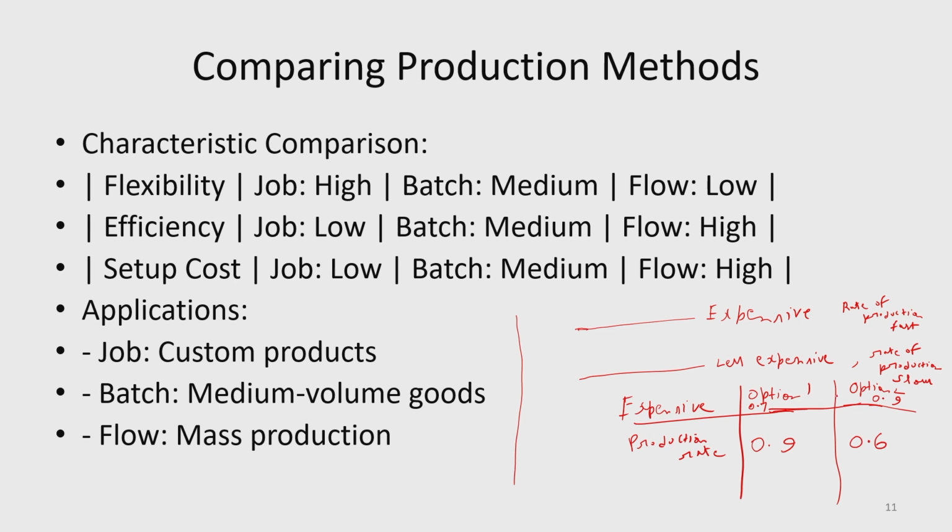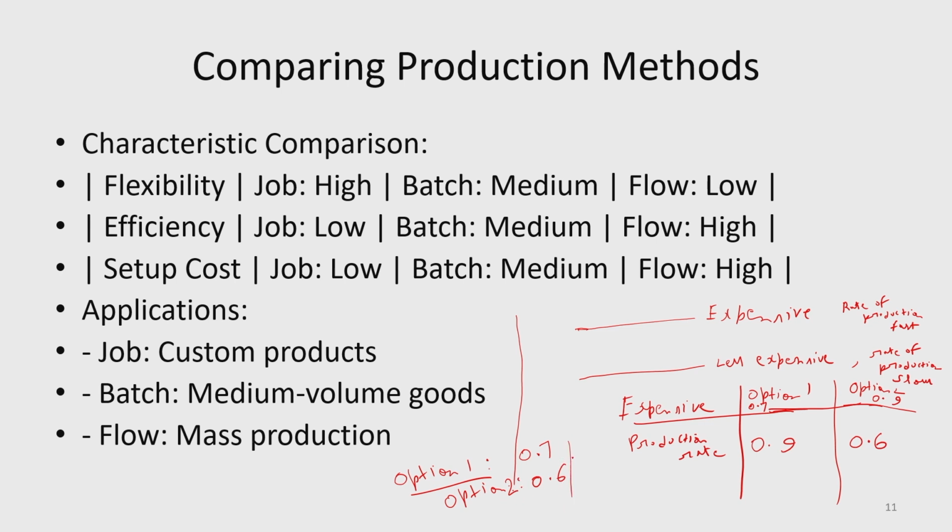So option 1, because in the expensive set it is 0.7 and in production rate it is 0.9, the minimum of them is 0.7. And for option 2 the minimum is 0.6, because it is 0.6 and 0.9. So naturally option 2 is inferior from this point of view.